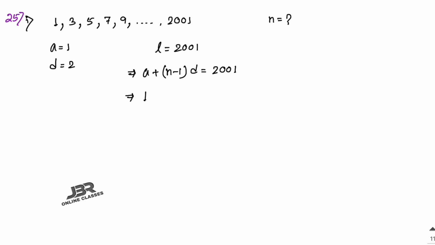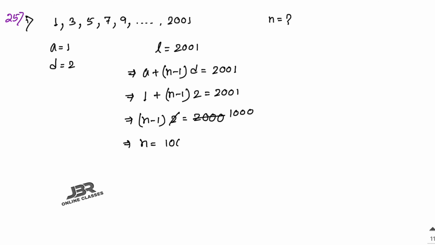So A is 1, n minus 1, D is 2, it's 2001. So n minus 1 times 2 equals 2000, divided by 2, so it's 1000. So definitely n equals 1001. Okay, n equals 1001.